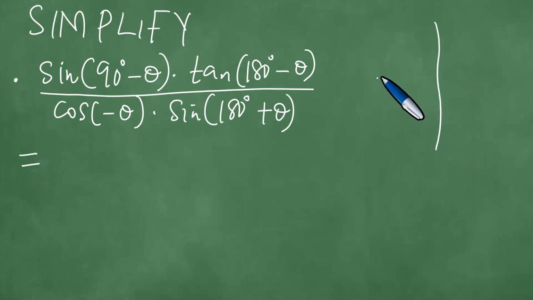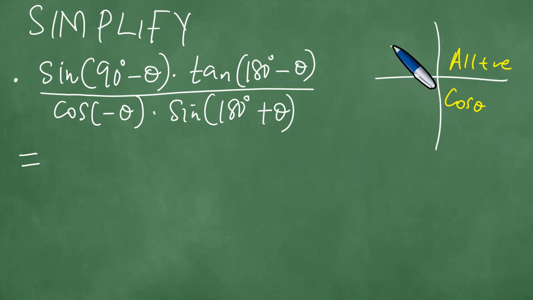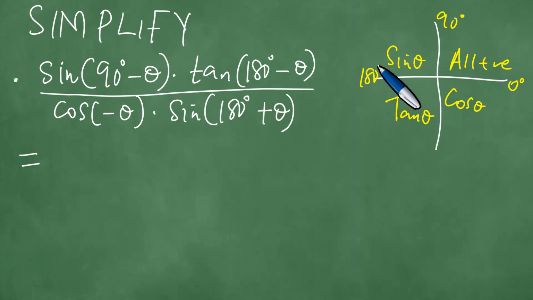So we need to remember what we have learned in terms of the CAST diagram. So here you have cosine theta, all positive, the sine of theta, the tangent of theta, 0 degrees, 90 degrees, 180 degrees, 270 degrees, and 360 degrees.